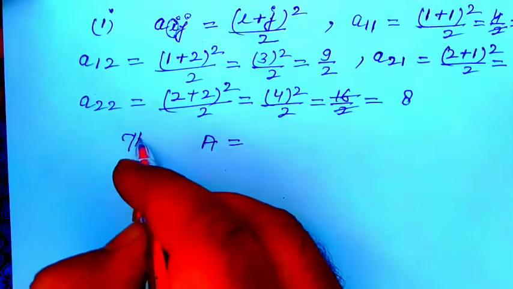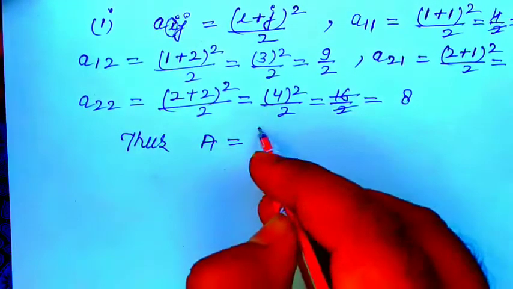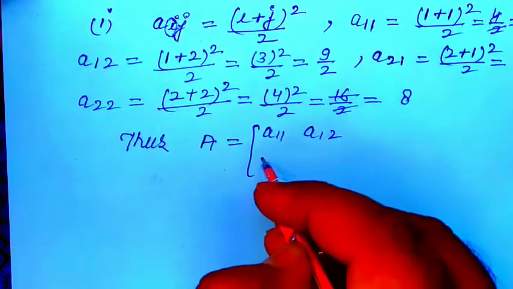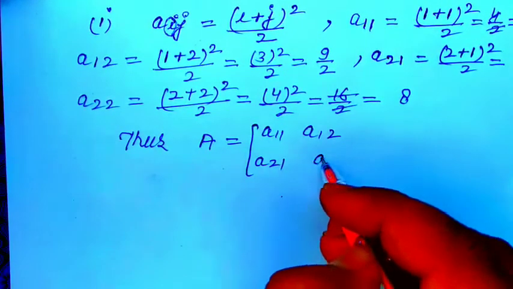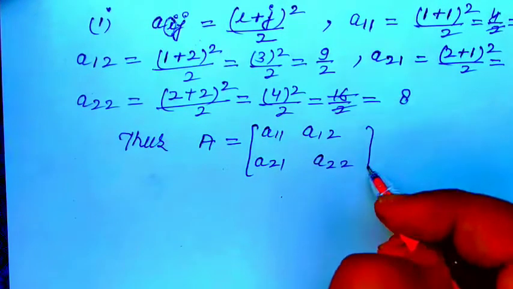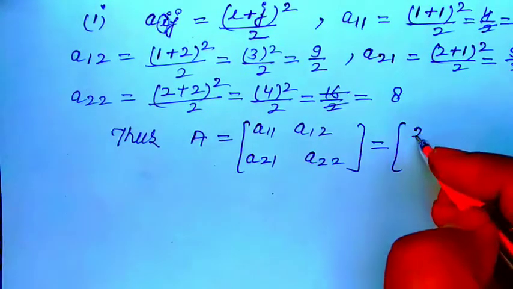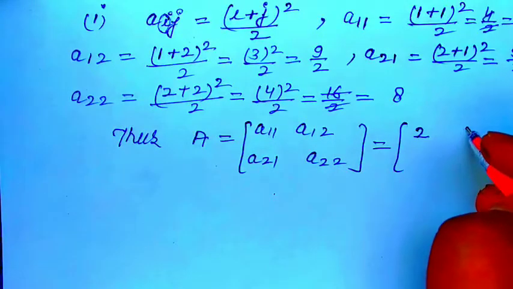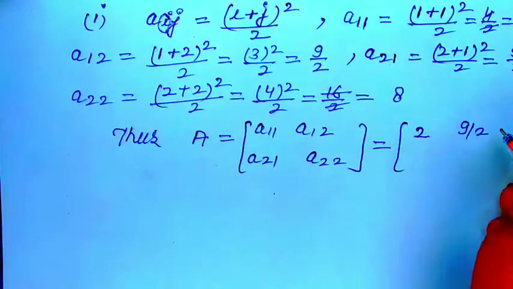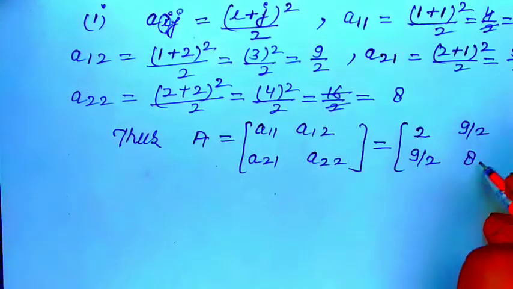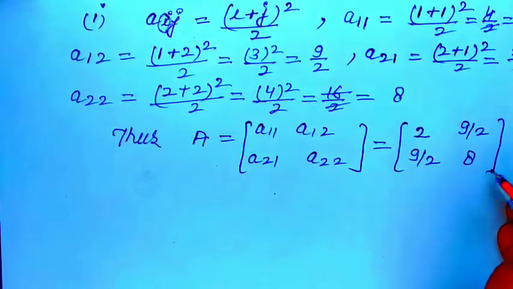Thus A equals A11, A12, A21, A22. So we can easily put it here. A11 we have 2, A12 we have 9 over 2, A21 we have 9 over 2, and the last one A22 we have 8, isn't it?